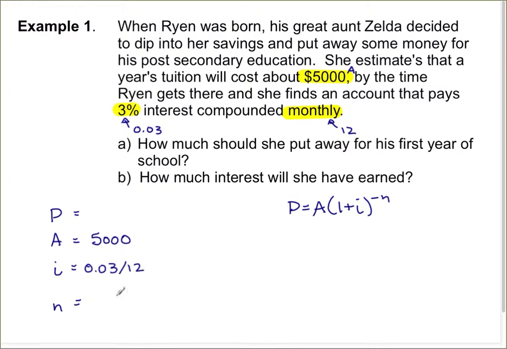And n is how long? Well, it doesn't actually say, but since she invested it when Ryan was born and it's for his post-secondary education, we're going to take a guess of 18 years. It's 18 years, so we have to times that by 12 in order to get how many compound periods. So let's make these two calculations.